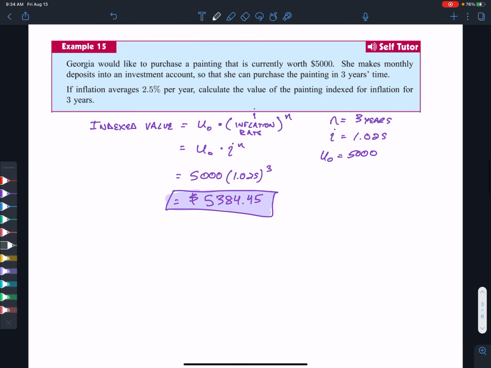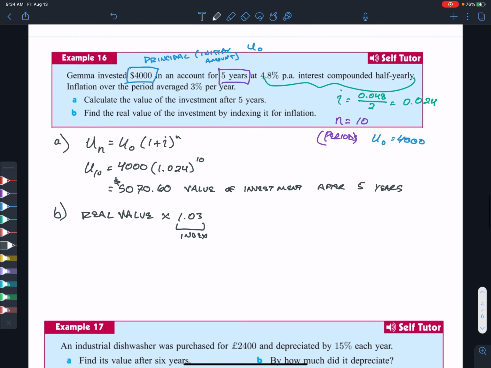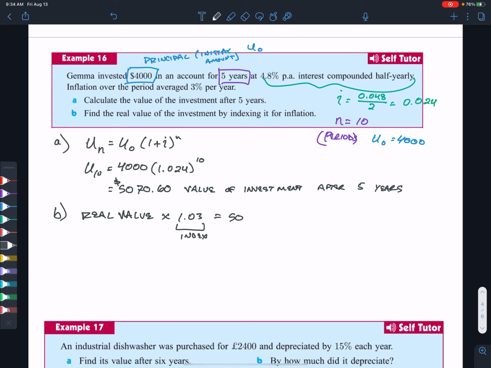Then that will give us the value that we just calculated, 5,070.6. So we want to know what the value would be if this were the inflation or index rate to get to this. How much is this investment worth today if we know that it's going to go up by this amount and come out to that?